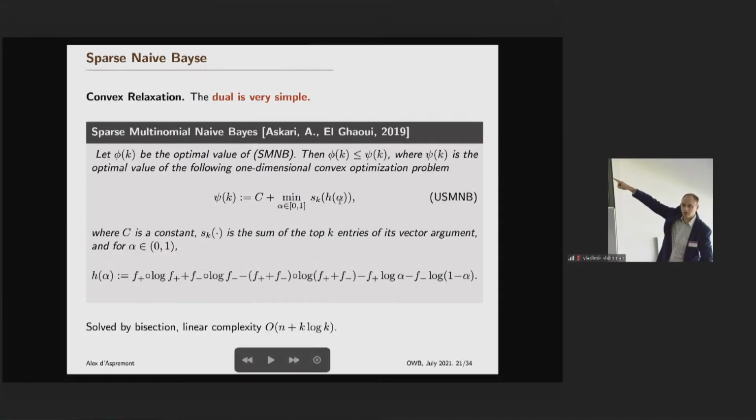And s_k is just the sum of the top k entries of its vector argument. h(alpha) is this sort of lengthy function of the input feature vectors and the single variable alpha. And so that's something you can solve by bisection, and the complexity is proportional to n plus k log k. And when n is much larger than k, which is the typical scenario, basically the complexity of solving this convex relaxation is directly comparable to the complexity of solving the original problem.